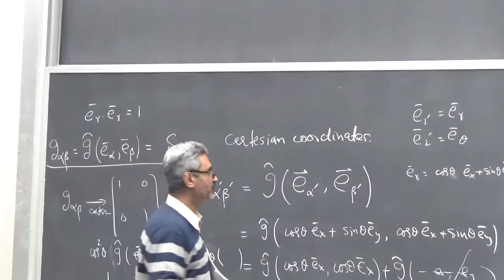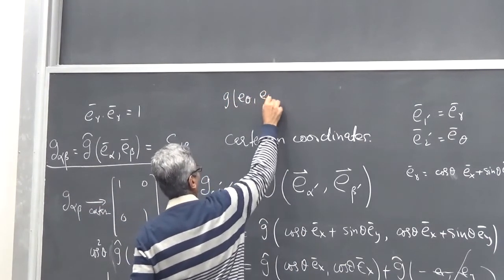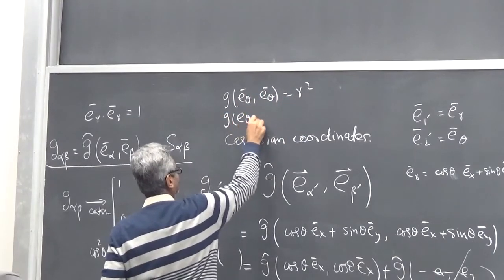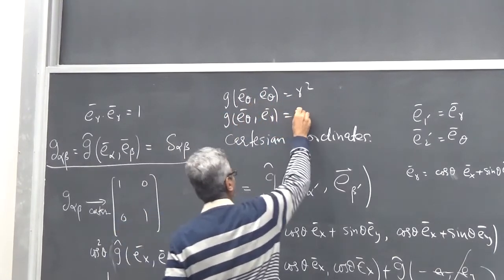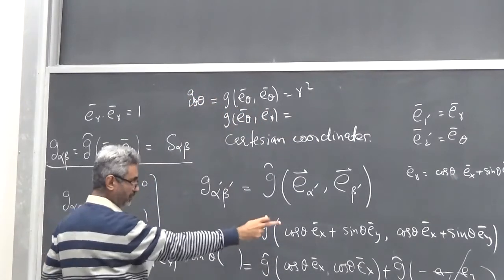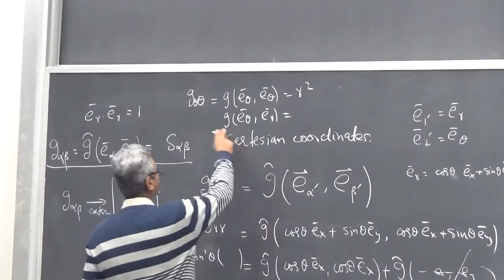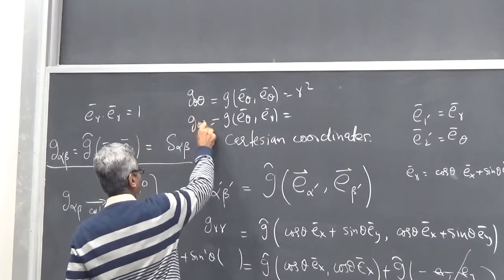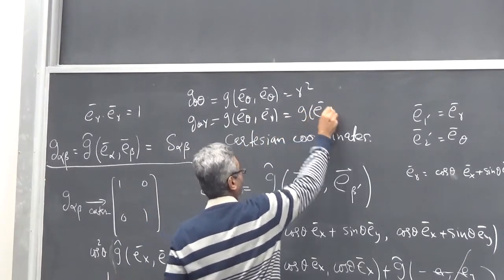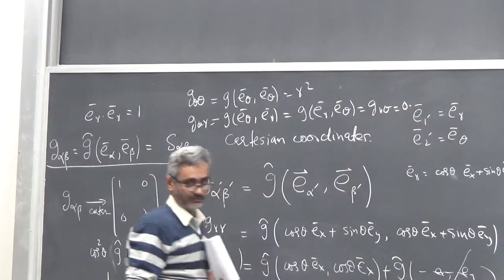Using this method, show that G(e_theta, e_theta) is r squared, and this is G_theta theta, and the other is G_rr. And this thing, G_theta r, is equal to G(e_r, e_theta), which is G_r theta, and this is 0.